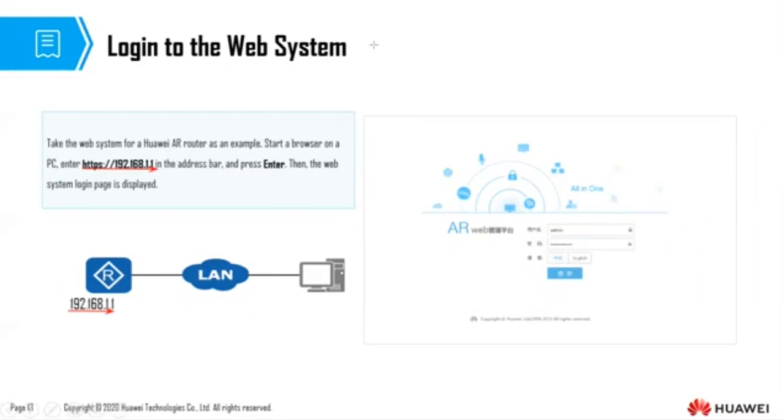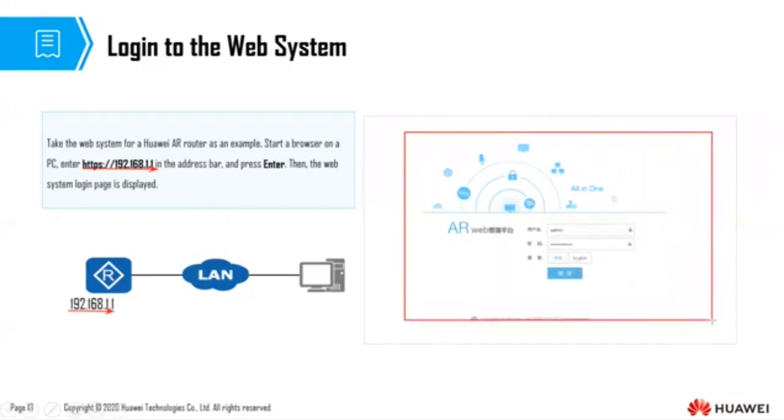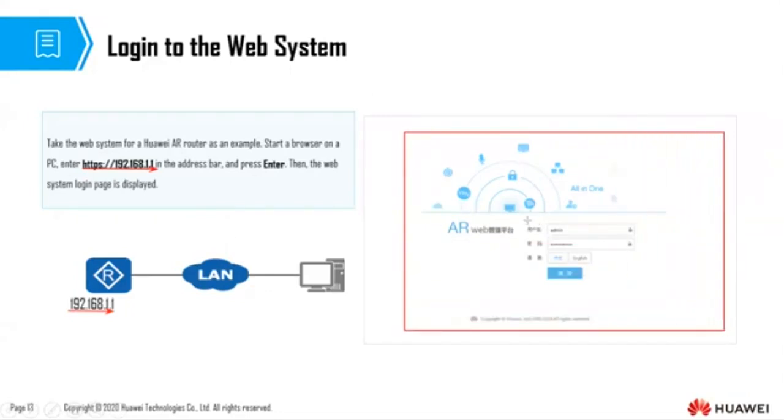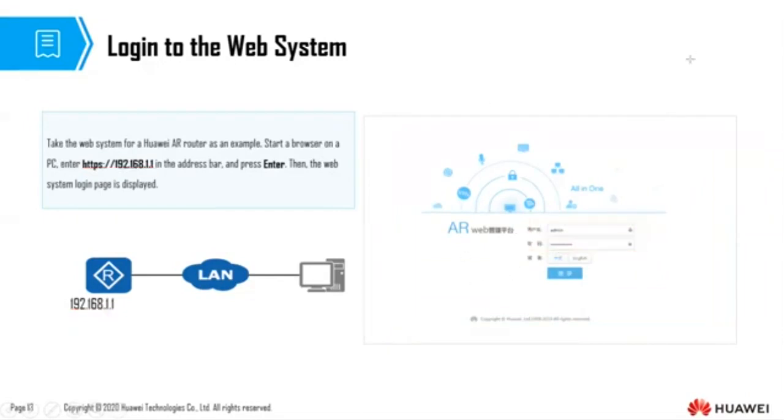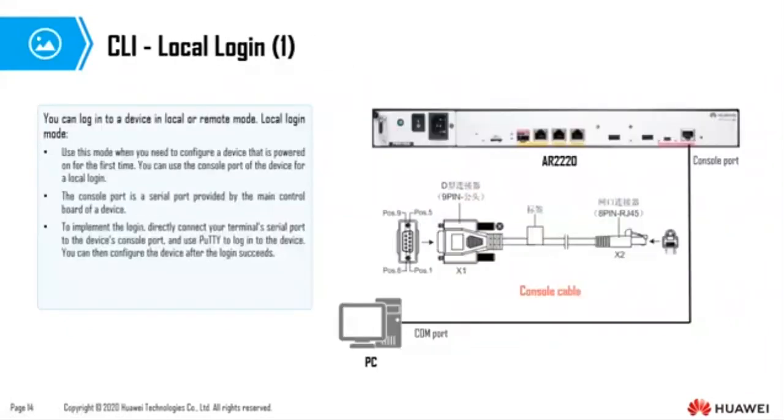Once you do that, you're going to get a web login page where you can enter your username and your password, then you log in. It is that simple to connect via web system. Just remember that when you connect using the web system, there are some configurations that you cannot do.